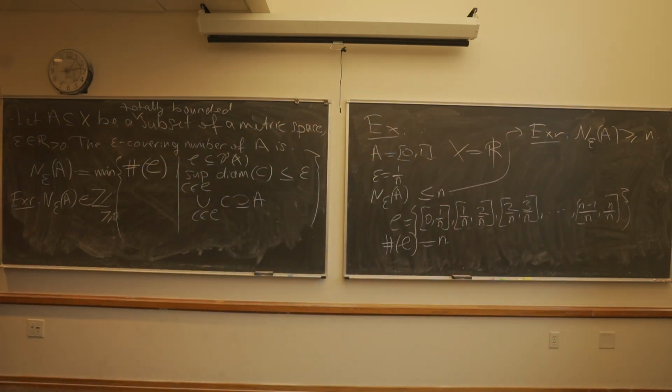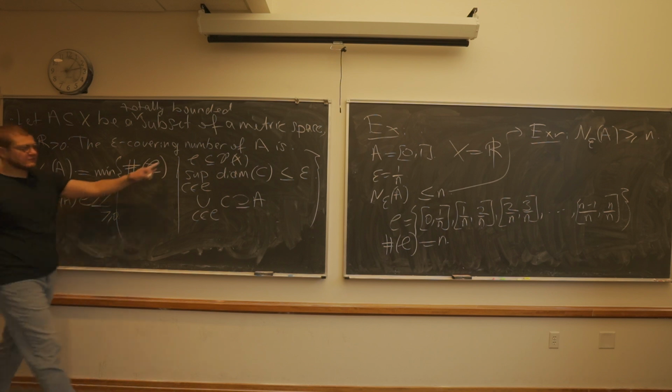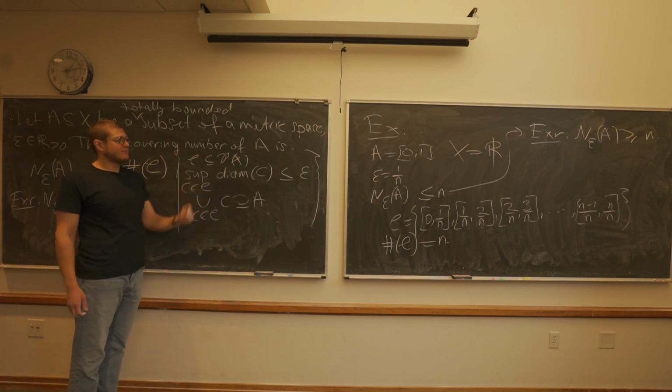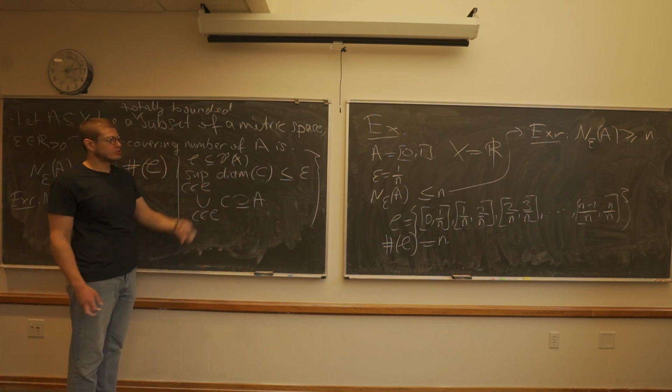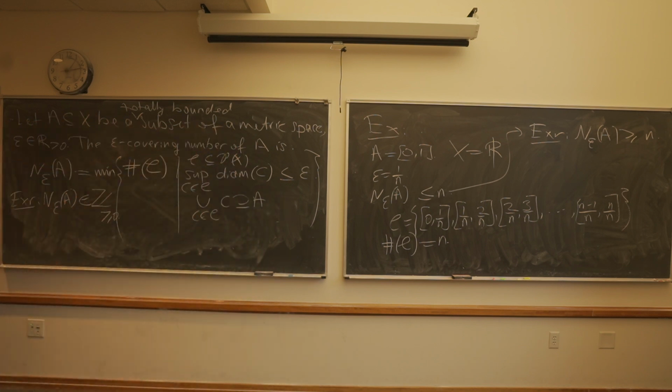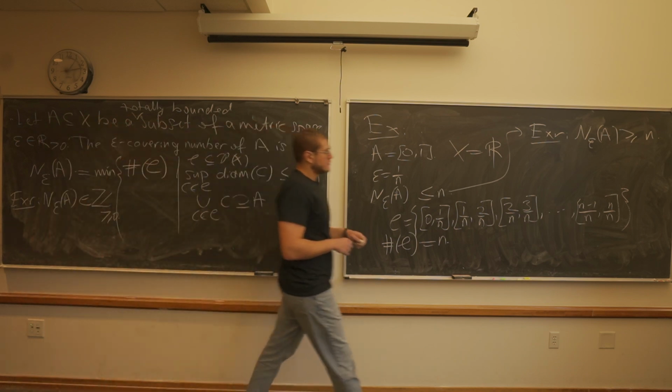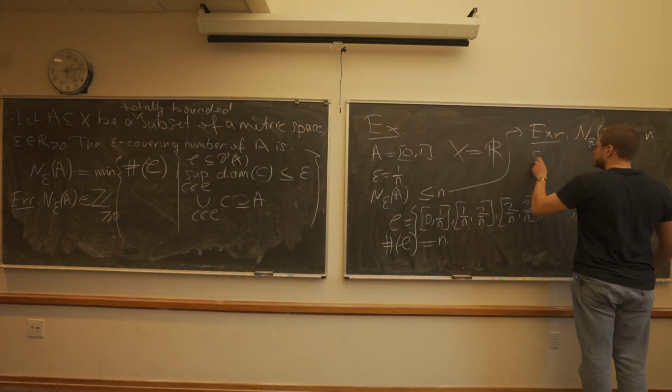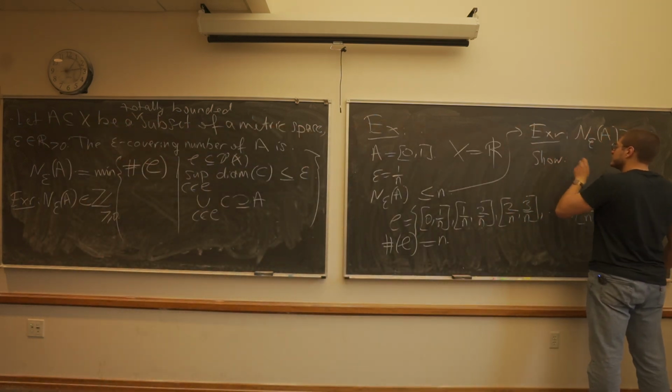You're going to take any curly C whatsoever, such that the diameter of any cell in C is at most 1 over n. That covers the whole interval. Oh, it's not that hard, actually. This is a nice exercise.